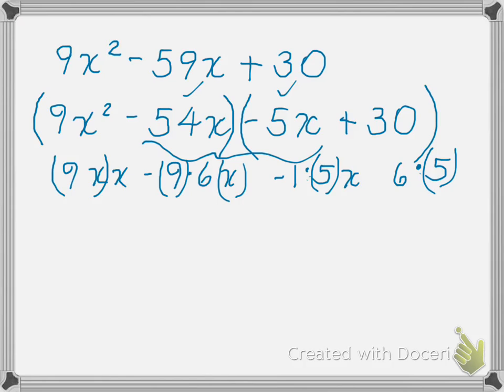Okay, so here I'm going to take out the common factor of 9x, and what's left is the x right here and the 6 here, right, and this minus here.